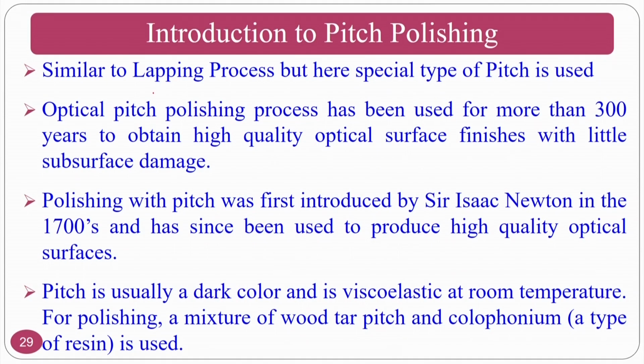This is similar to the lapping process, but the special thing is that here the pitch is used, which is slightly different from lapping fluids. The optical pitch polishing process has been used for more than 300 years to obtain high quality optical surfaces. That means this particular process is hugely used in the optical industry for lens polishing.